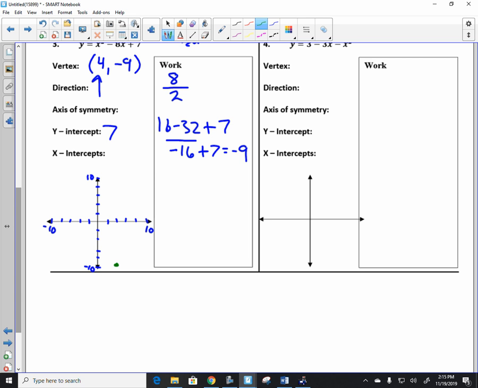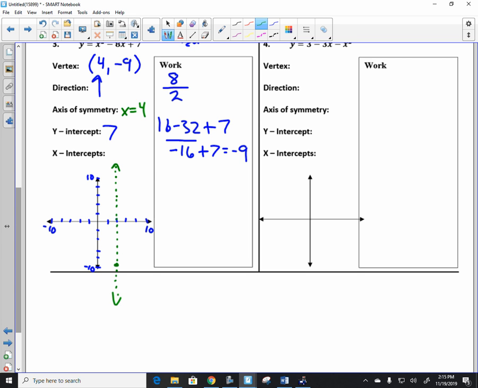Are we all good there? I'm going to draw the axis of symmetry. Can somebody give me the equation for the axis of symmetry? Thank you. X equals 4. You must write x equals 4. You can't just write 4. It's not a number. It's not a point. It's a line, and that's the equation for the line.